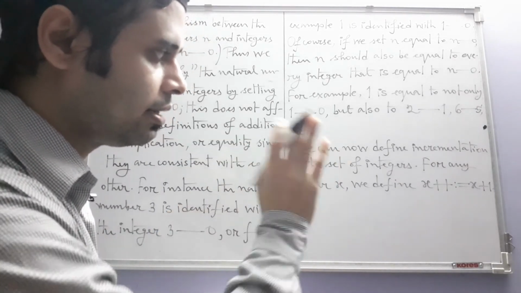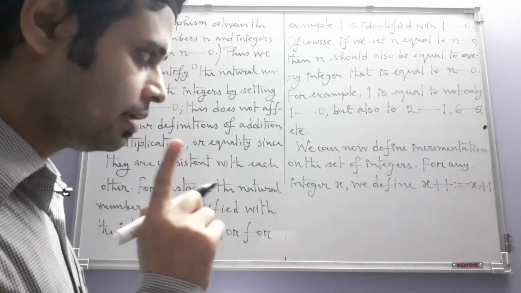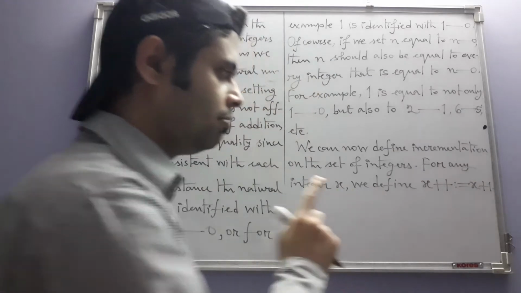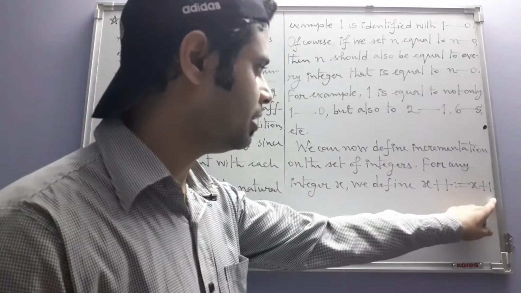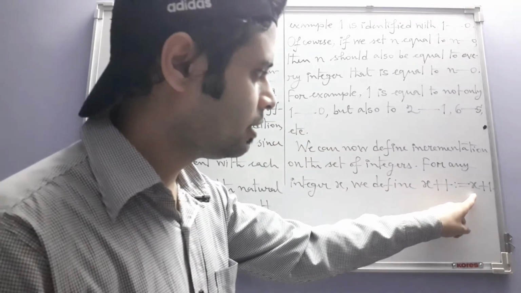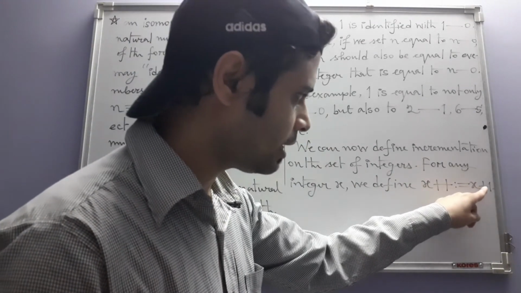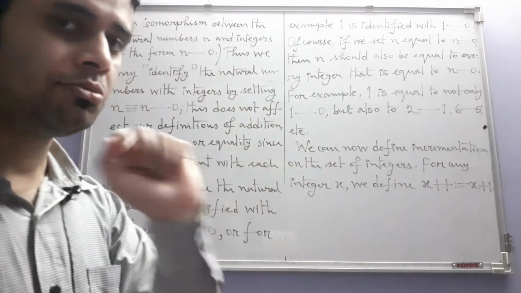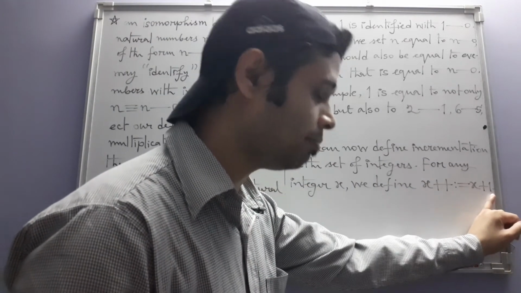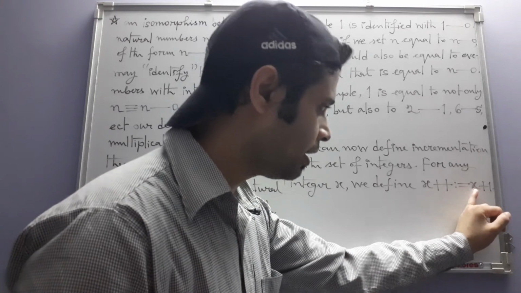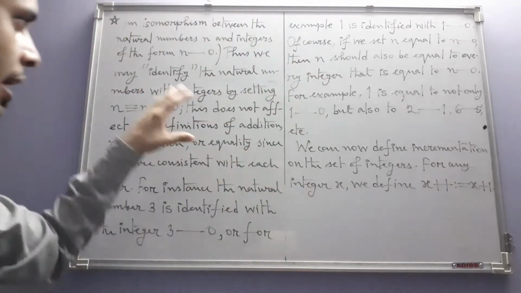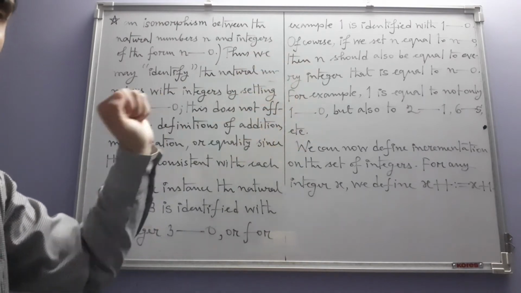Using addition we can define incrementation. And keep in mind, when we are writing this 1 here, we are actually meaning this integer, because this addition is that addition between integers. So this will make sense only when both x and 1 are integers, and 1 now is an integer after this identification has been made.